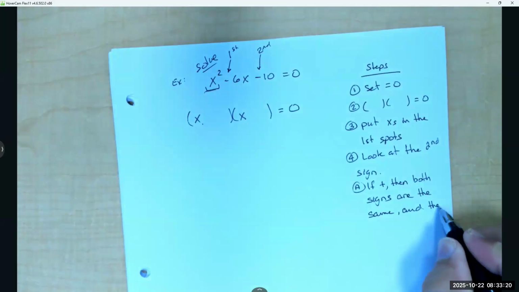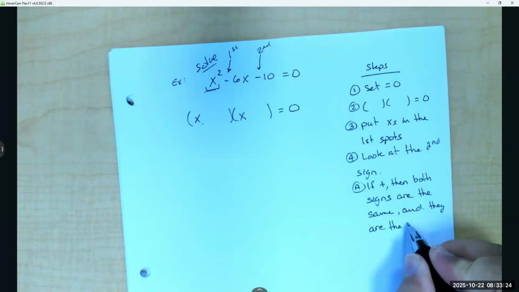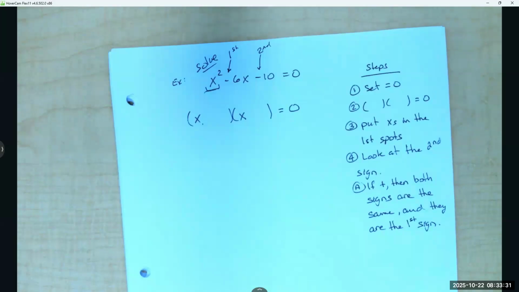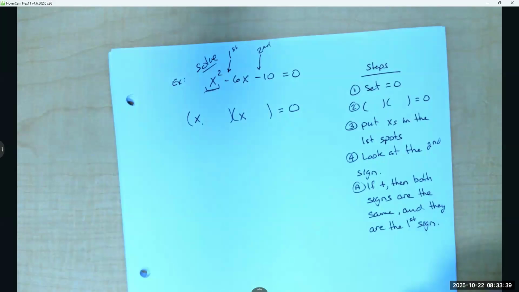And they are the first sign. So if the second sign is a plus, then the signs are the same. They're whatever the first sign is.